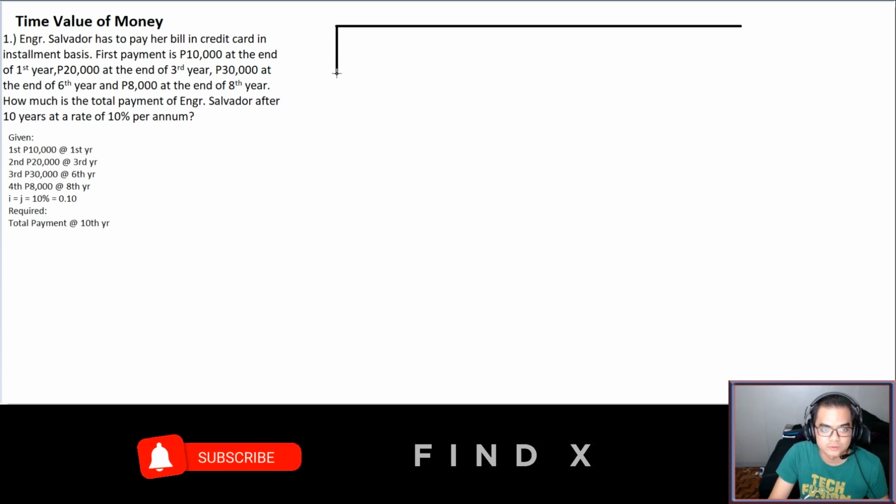So let's say this is our zero. I just make the years with payments longer so that I have space for writing the amount of payments. That's 0, 1. We have here the 2.